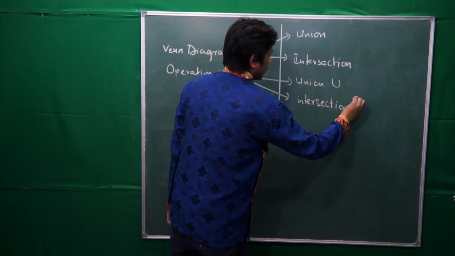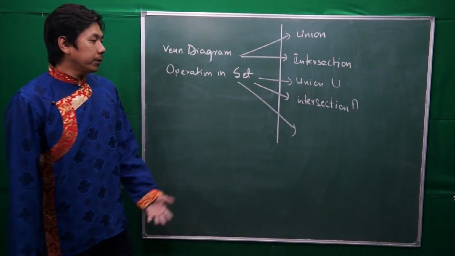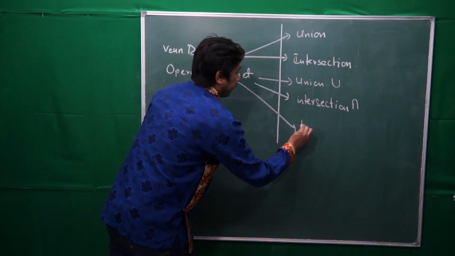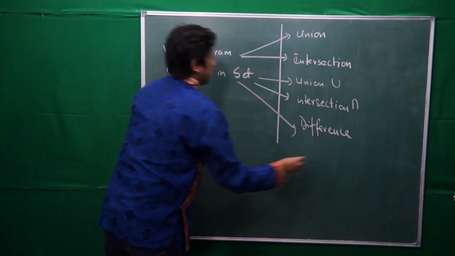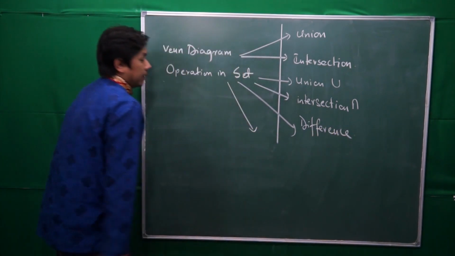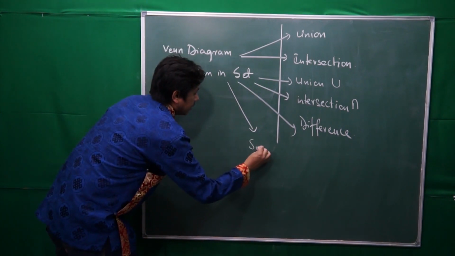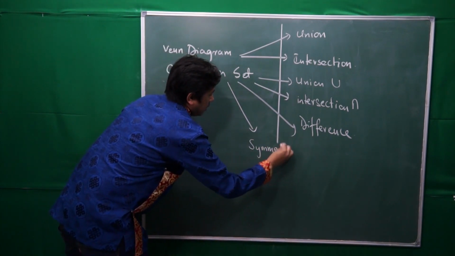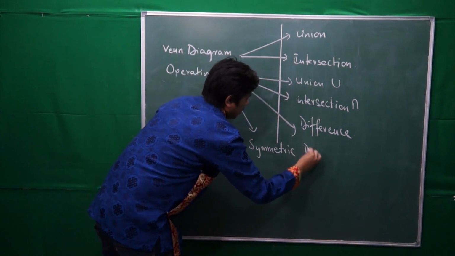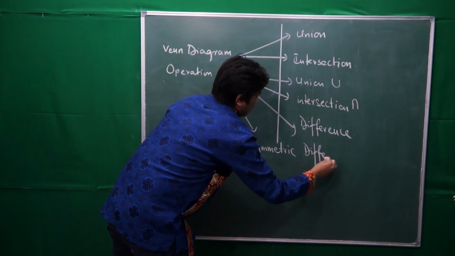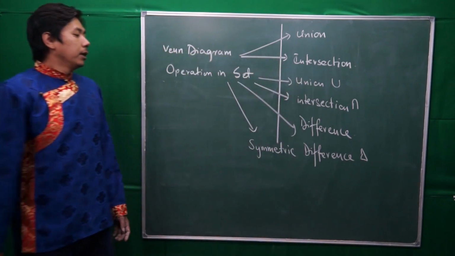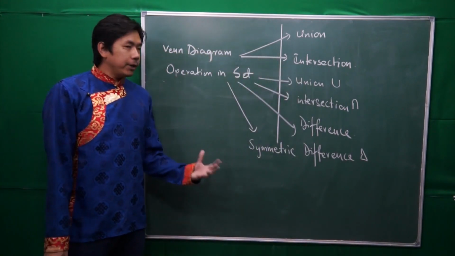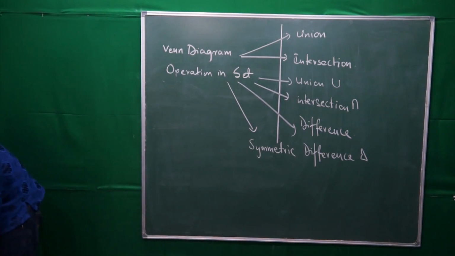U. What was the symbol for intersection? Inverted U. And then we did difference. We also did symmetric difference. Delta. Okay, so these are the operations that we did.